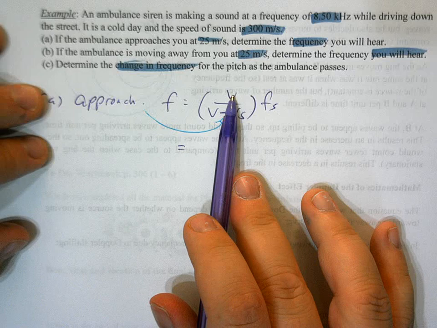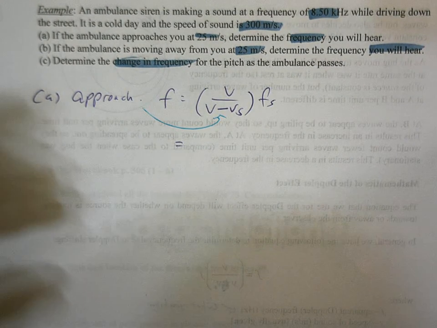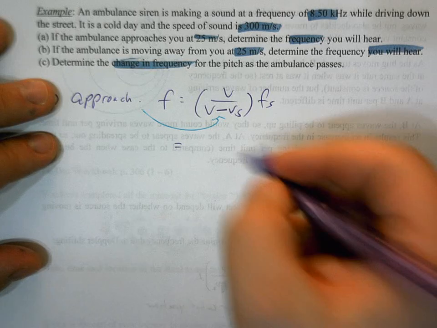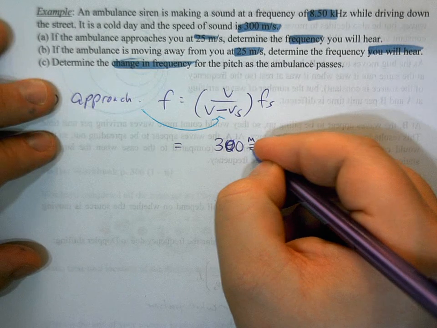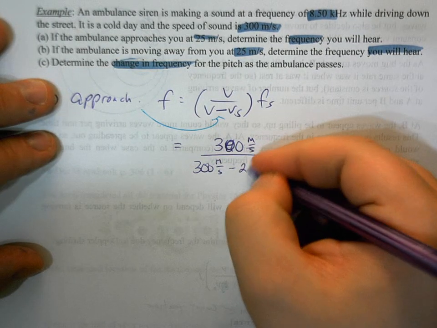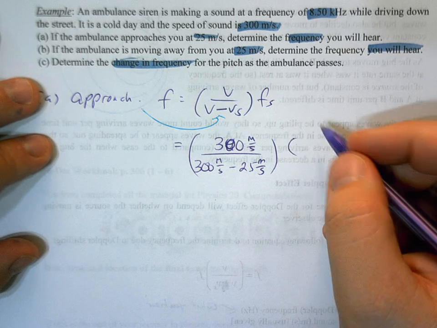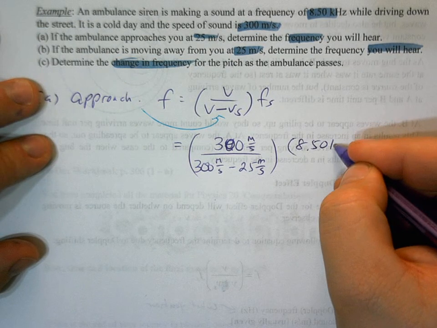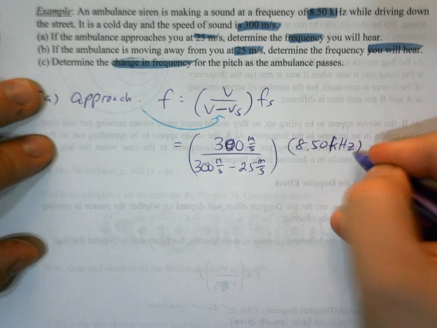Again, V is the speed of sound, Vs is the speed of the source. Our speed of sound, we're told, is 300 meters per second. Then we have 300 meters per second minus the speed of the source, 25 meters per second. And then we multiply this by our source frequency, which we are told is 8.50 kilohertz.